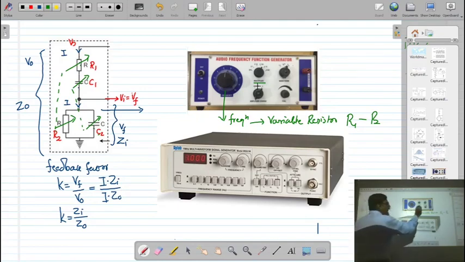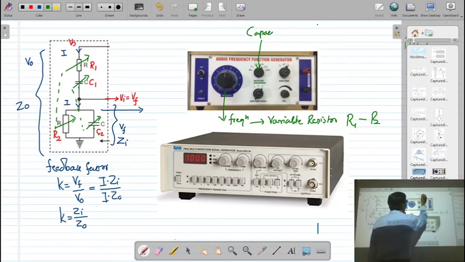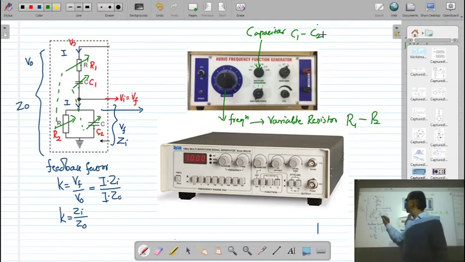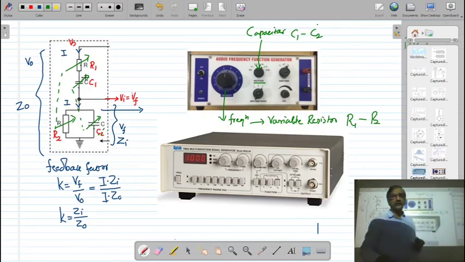So here whatever multipliers are there, it is a capacitor. Capacitors C1 and C2 are there. So when we change the range of the AFO, we are changing the capacitors C1 and C2. And in between, whatever frequency we set is with the help of a variable resistor.